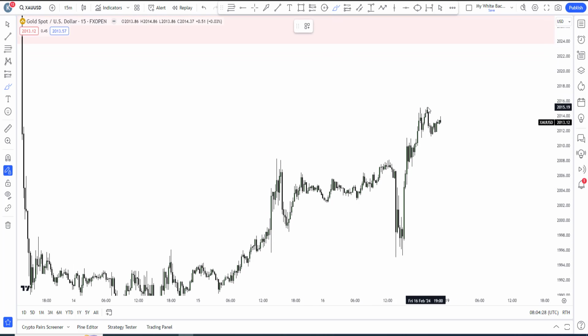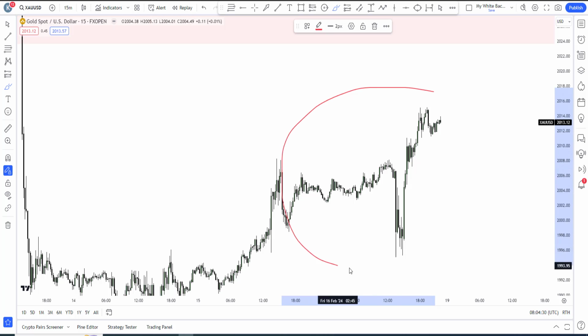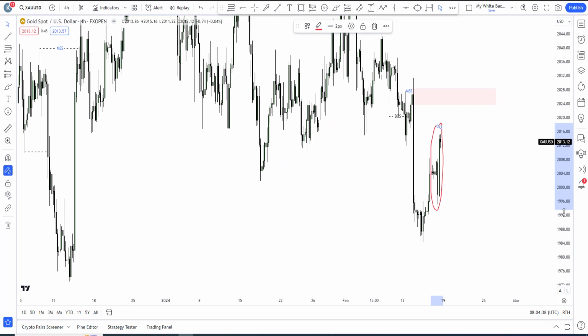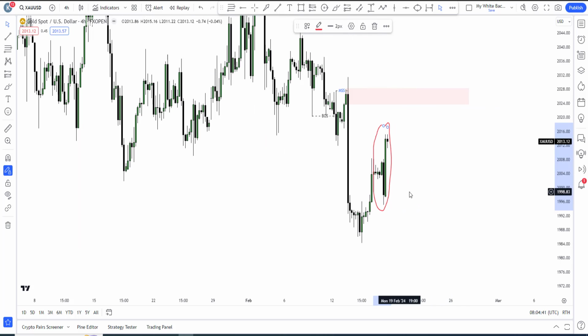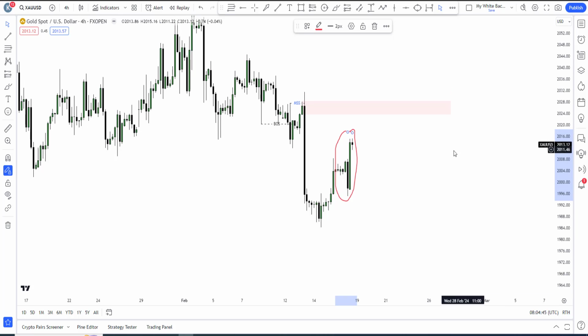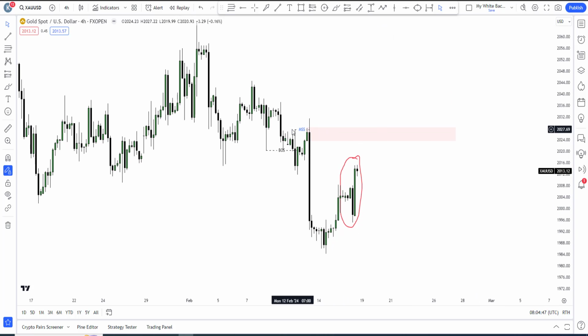I hope this is understandable. If you are doing your structure in the lower time frame, use smaller data while having in mind that the bigger time frame has the big perspective of what you're looking for. All right. You see, what we saw as a shift in structure in the 15-minute time frame was not a shift in structure.